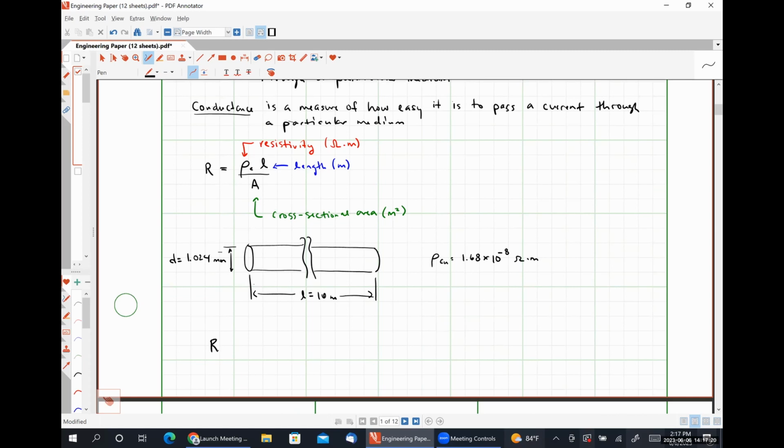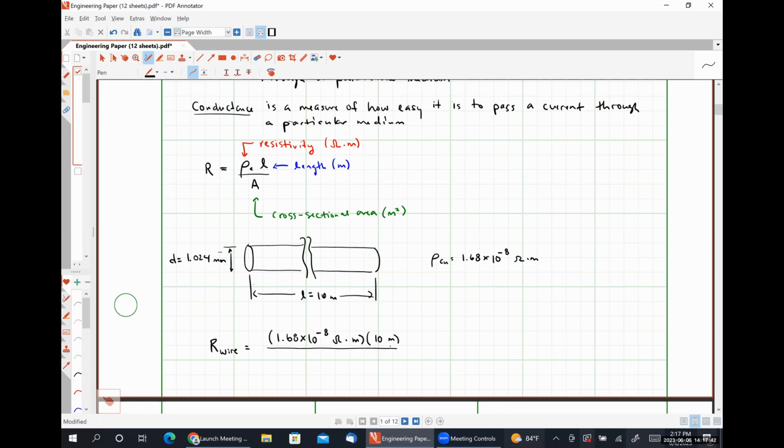So the resistance of our wire is going to be 1.68 times 10 to the -8 ohm meters times our length of 10 meters.